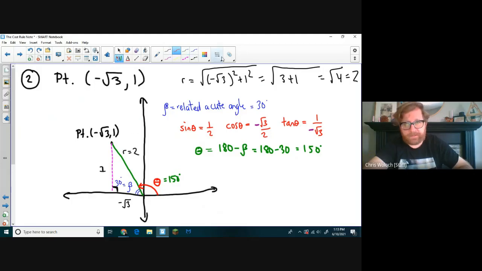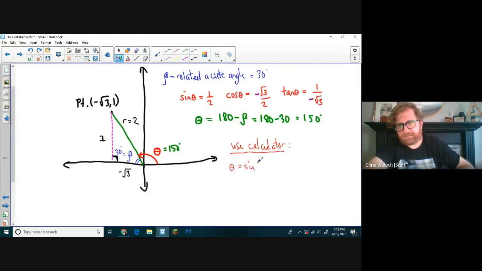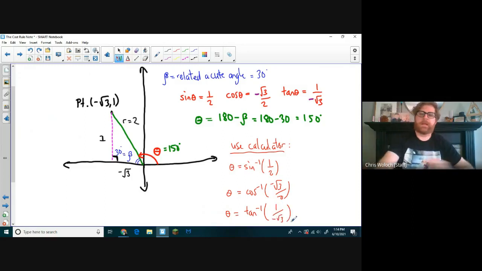What you have to be wary of is this. If we use the calculator, I have sine inverse of 1/2, cos inverse of negative root 3 over 2, and tan inverse of 1 over negative root 3. If I have all my ratios, I can use any of these to find theta, and I should get a right answer.